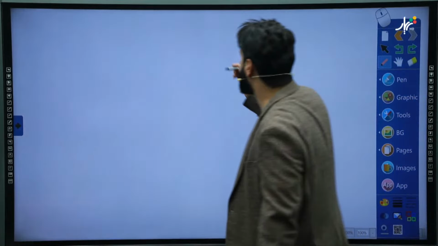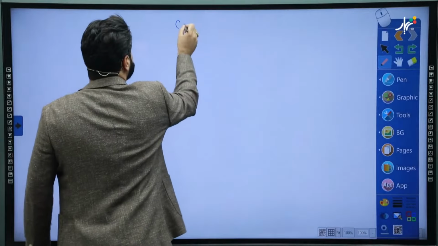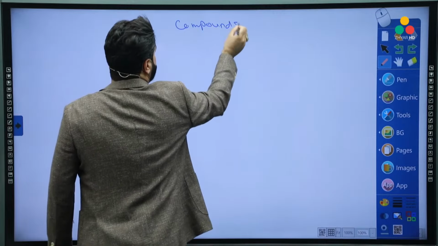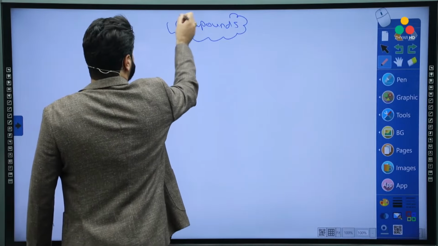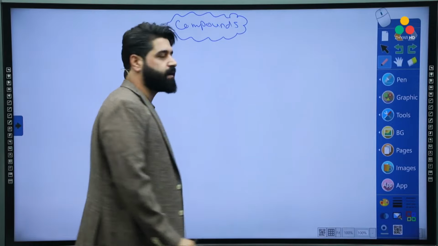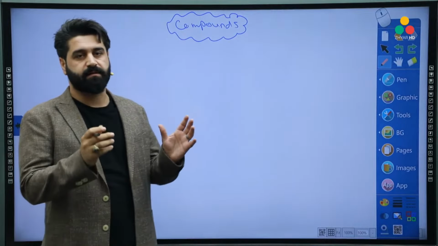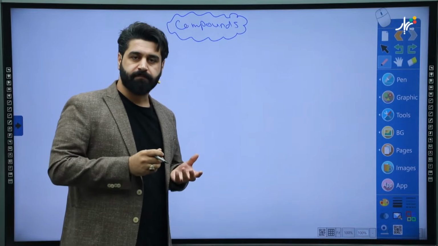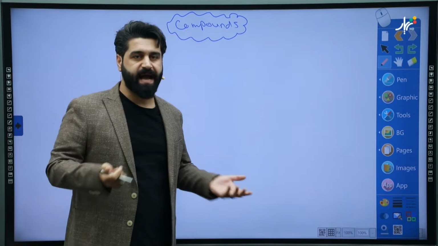I want to classify compounds. First of all, what is a compound? We know that a compound is a chemical material that contains two or more types of atoms.